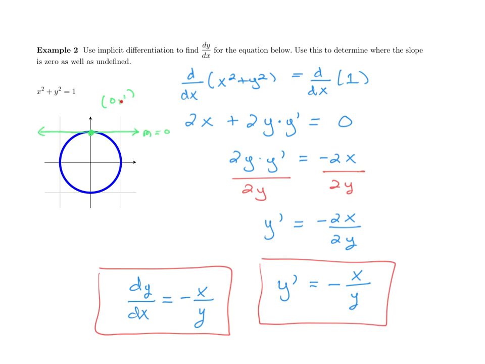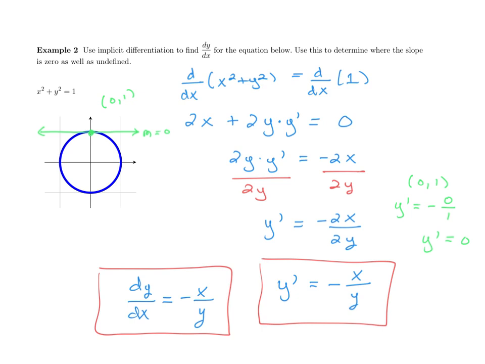If I take this information and put it into either of these formulas, I'm expecting to get 0 back as my answer. Do I? Let's see. At the point 0, 1, if I put that into y prime is equal to negative x over y, that's negative 0 over 1. And what do you know? That's, in fact, 0. This will work for every single point that we pick on the circle.